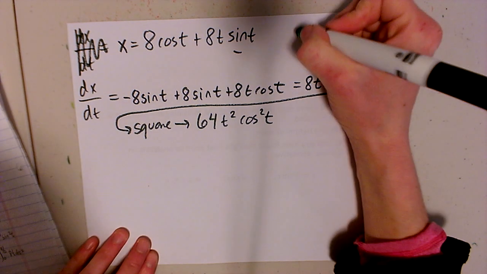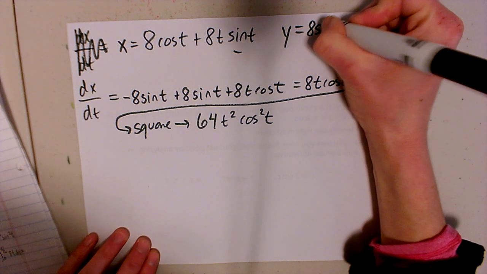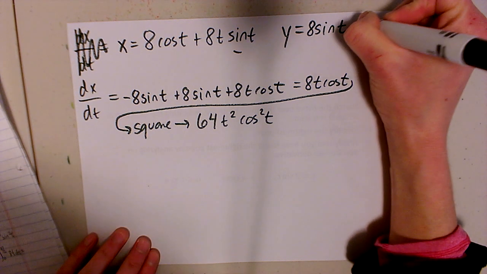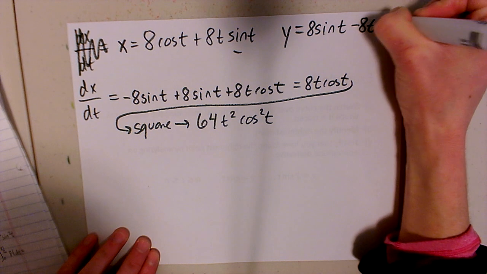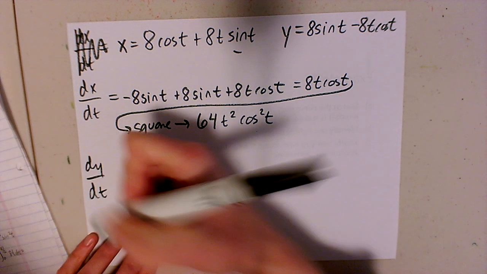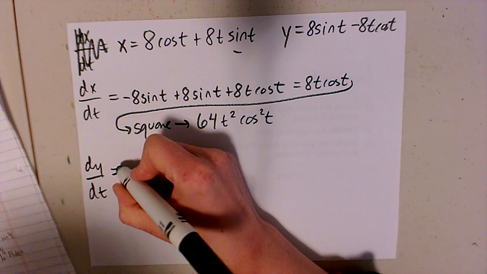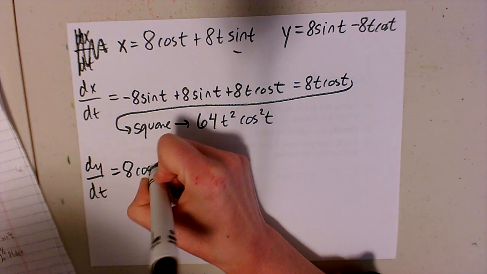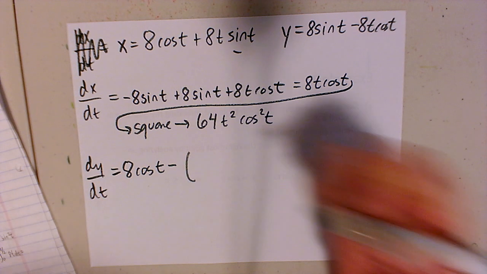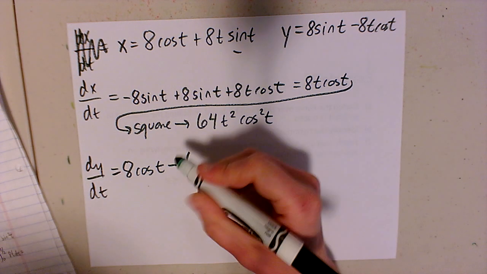Okay, and so now we've got to find dy dt. Well, remember, y is 8 sine t minus 8t cosine t. So then dy dt, running through the same process, is going to be 8 cosine t minus, and then I'll throw in some parentheses so I make sure I distribute that negative correctly.